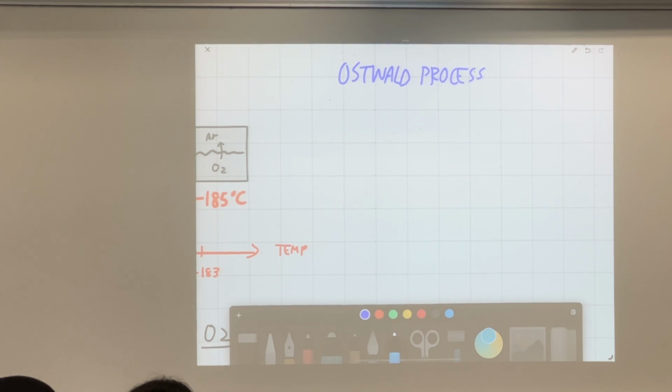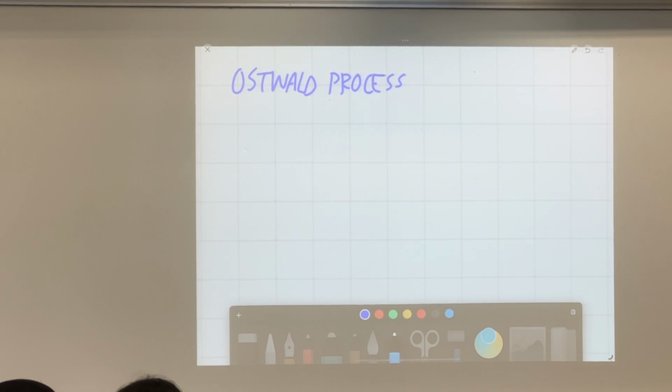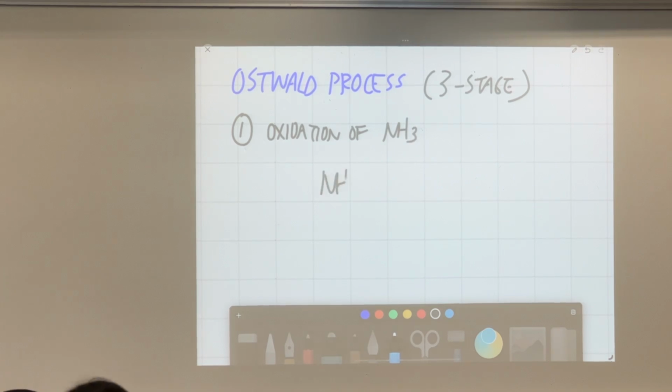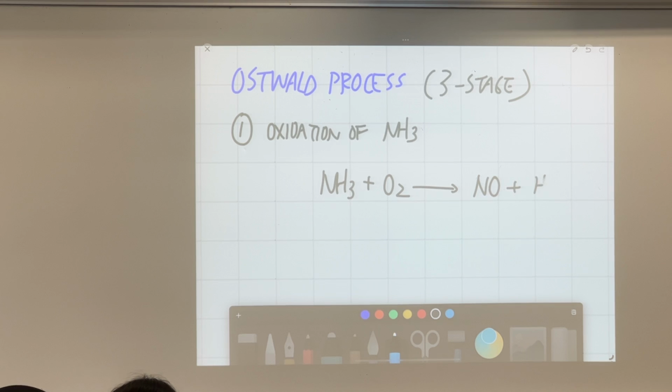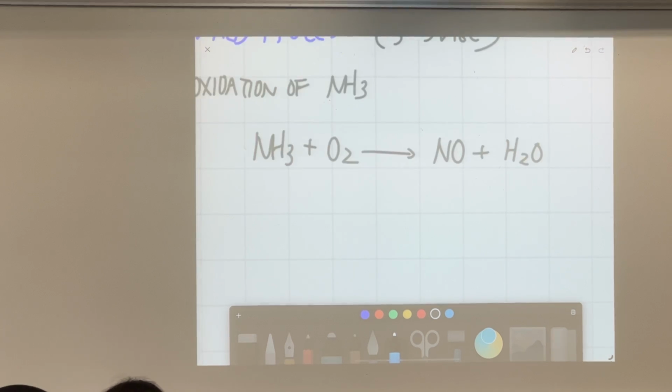The first one is called the oxidation of ammonia using air. So can you put down, it's a 3-stage process. Stage 1 is oxidation of ammonia. This time I want to do the question differently. I want you to tell me what is oxidized and reduced and explain your answer using oxidation number.